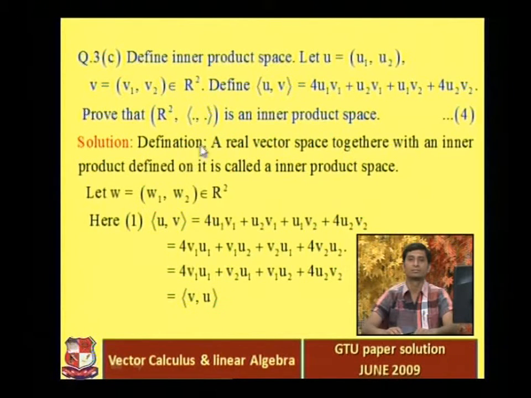Definition: a real vector space together with an inner product defined on it is called an inner product space.